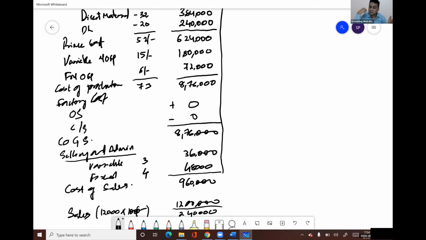What is the conversion cost of preparing the atta into chapati? 35, sir. 35. Very good.